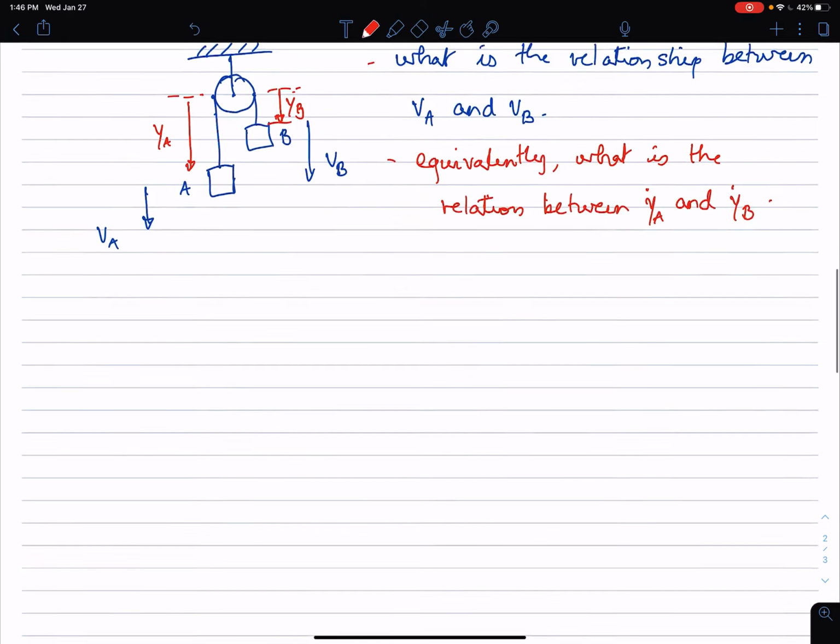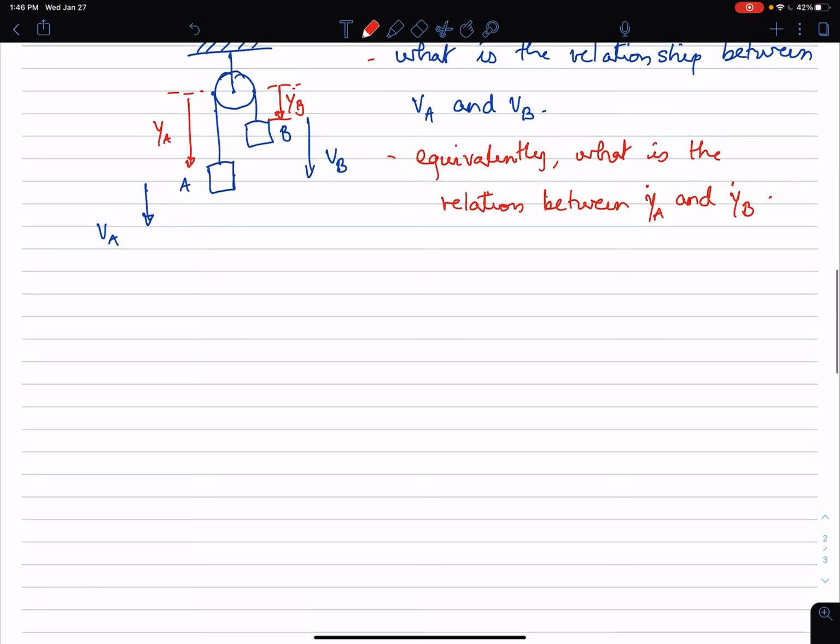Okay, so very quickly, if we look at the pulley, the string that connects A and B has these three parts. This part is YA. This part is pi r, where r is the radius of the pulley, and this part is YB.